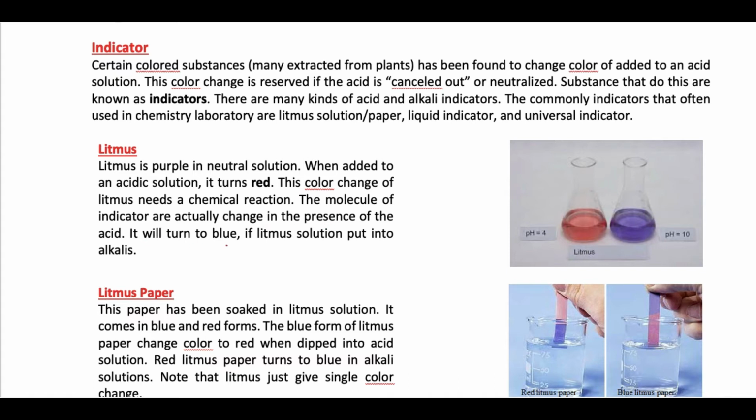It will turn blue if litmus solution is put into alkalis. This is the picture of the solution when put into the acid with litmus, and this is the base solution, and when we put in litmus, it changed to blue.